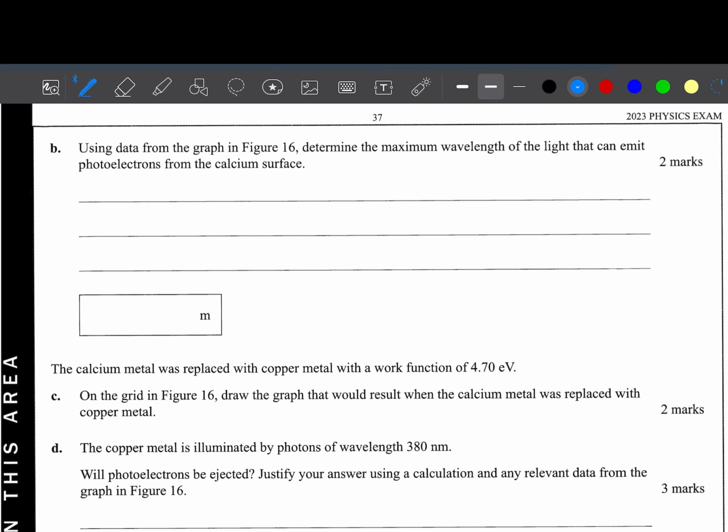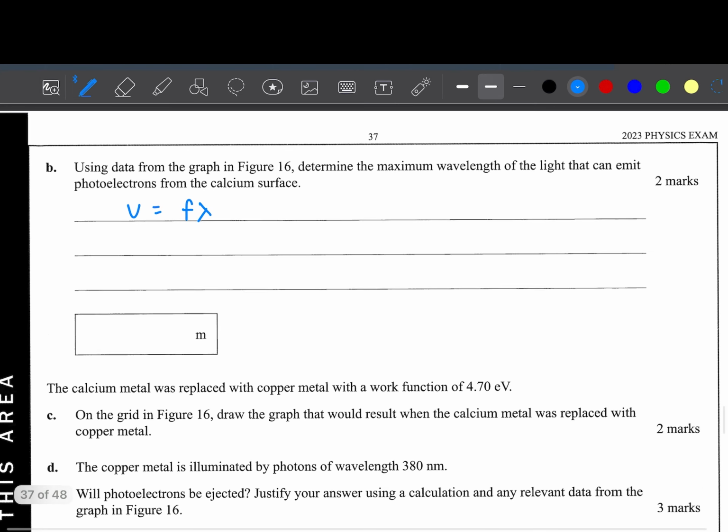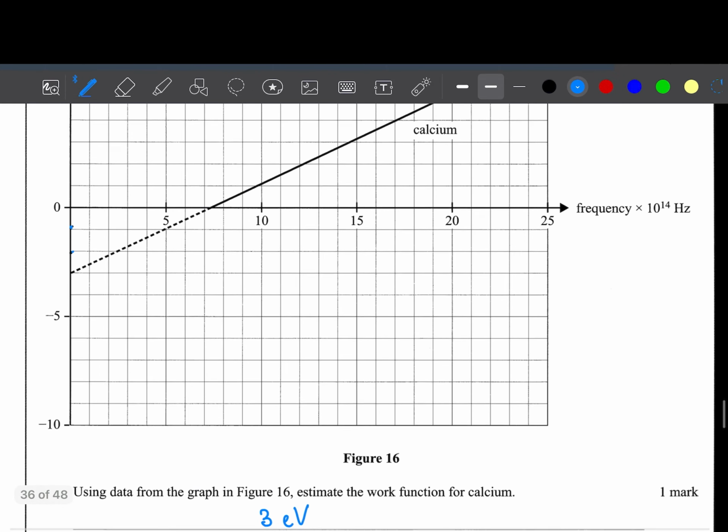Using data from the graph in figure 16, determine the maximum wavelength of the light that can emit photoelectrons from the calcium surface. Okay, so we just use V equals F lambda, and our wavelength is going to be V on F, meaning the speed of light, 3 times 10 to the power of 8, on the frequency.